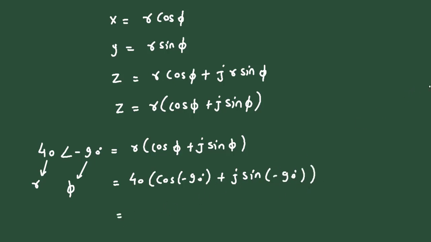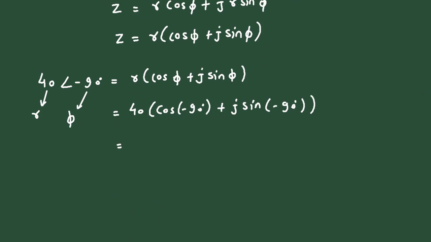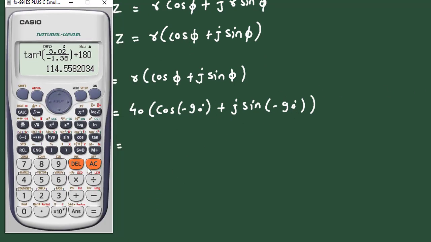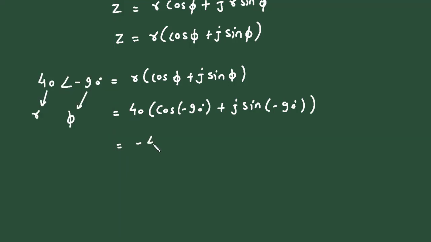You can solve this in calculator directly. 40 in bracket cos minus 90 degree plus J into sin minus 90 degree. So it is minus 40J.